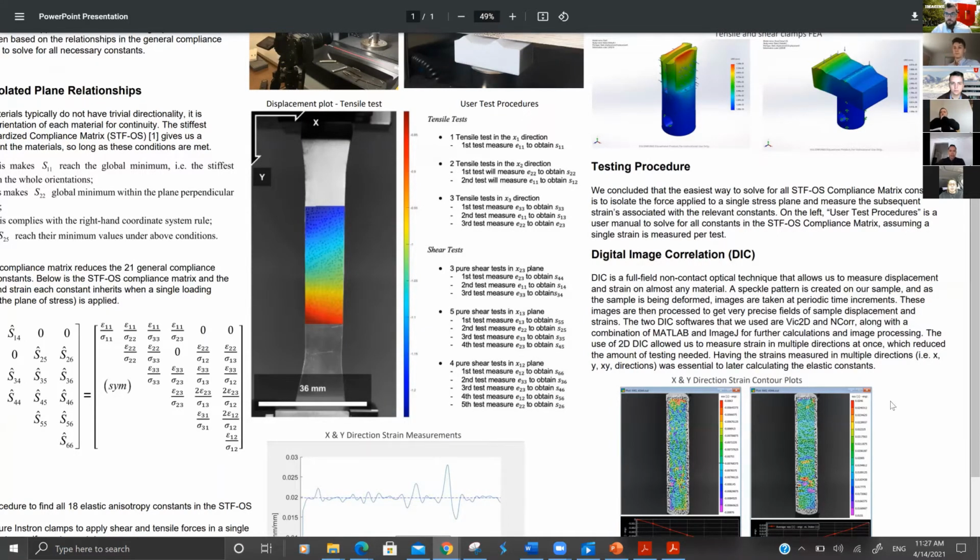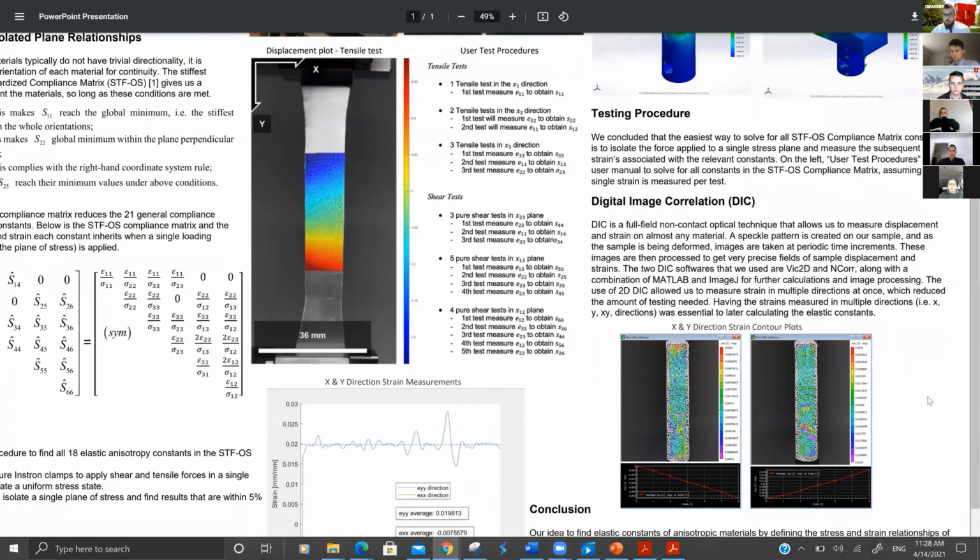Yeah, and the method that we used to measure displacement and strain of our samples was through the use of digital image correlation, also known as DIC. This is a full field, non-contact optical technique, non-invasive, so we aren't touching or obstructing the sample or testing equipment as we're measuring the strains.